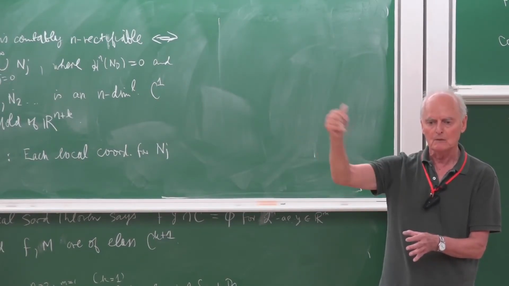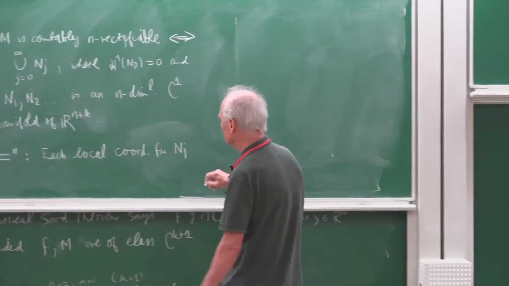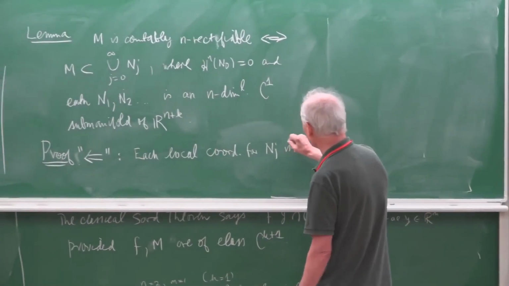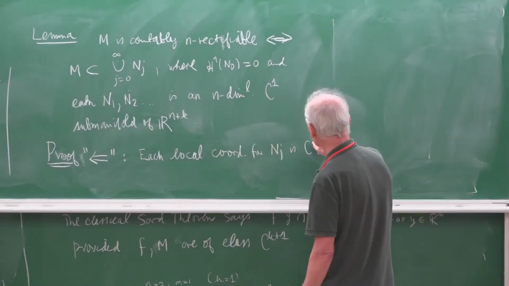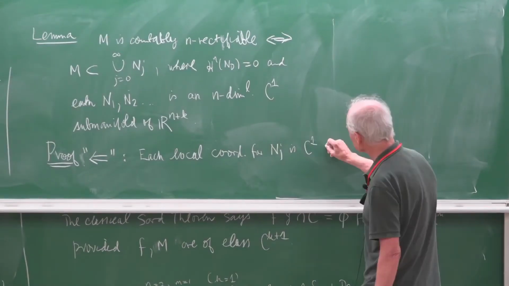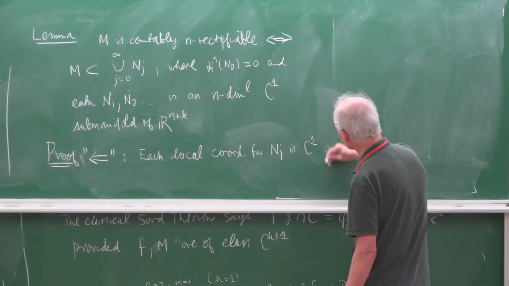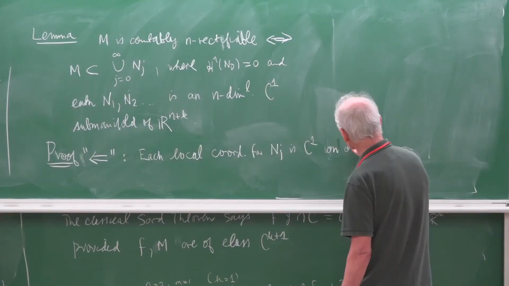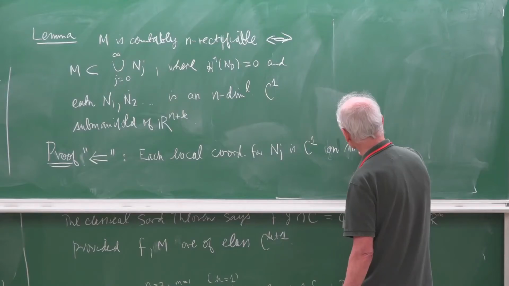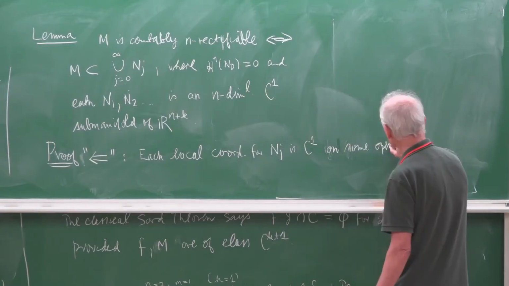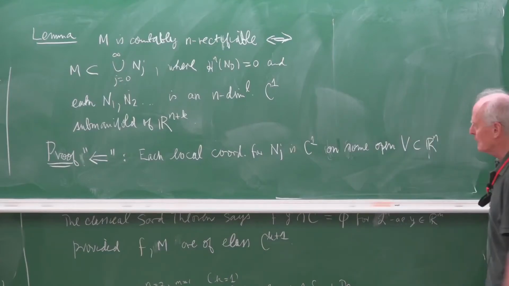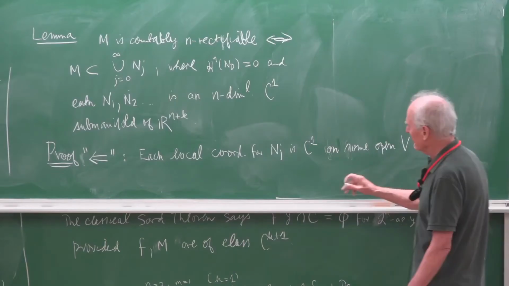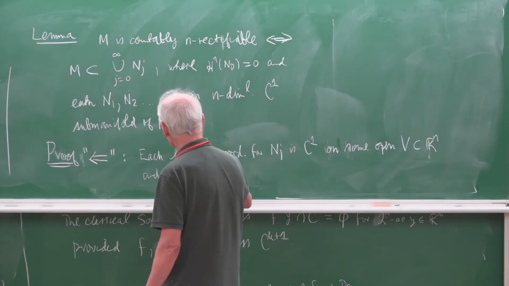And so each is C1 on some open V contained in Rn. That's what the local coordinate representations look like, C1 maps, and hence Lipschitz.